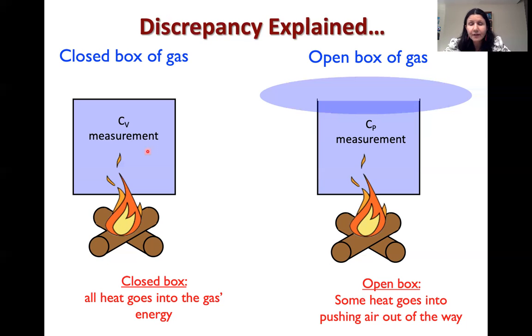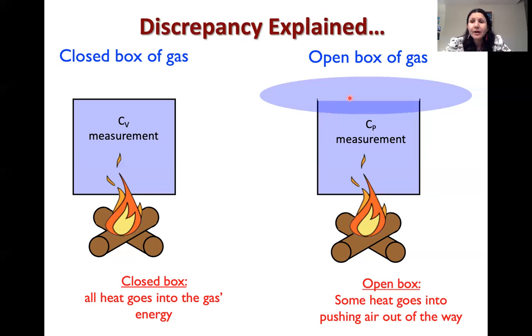So it's no longer a constant volume experiment. You allow the volume to change by allowing this container to be open, or you can think of some very light lid on the container that's allowed to move up and down as heat is being added.